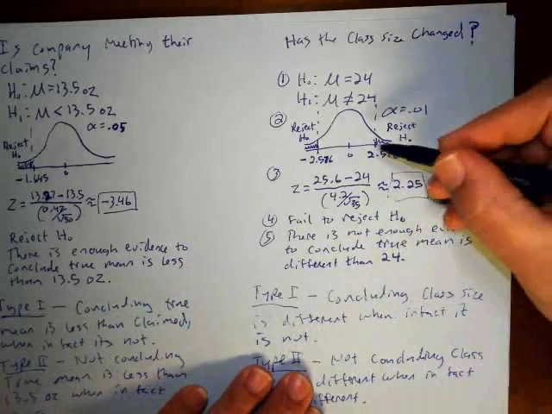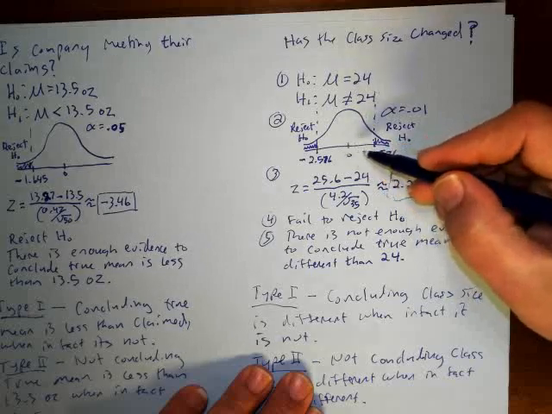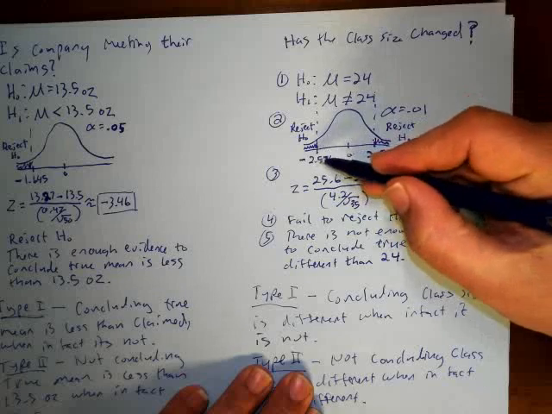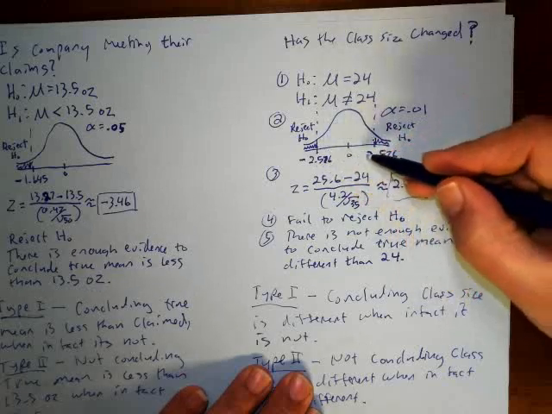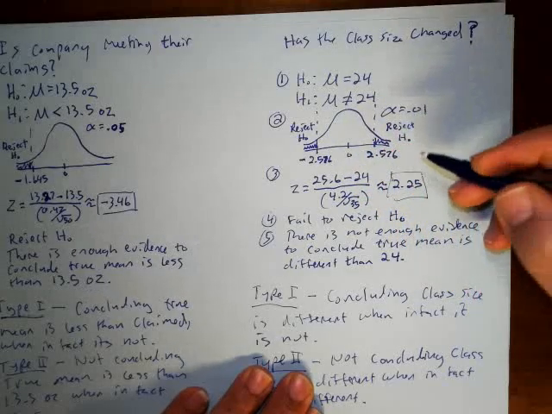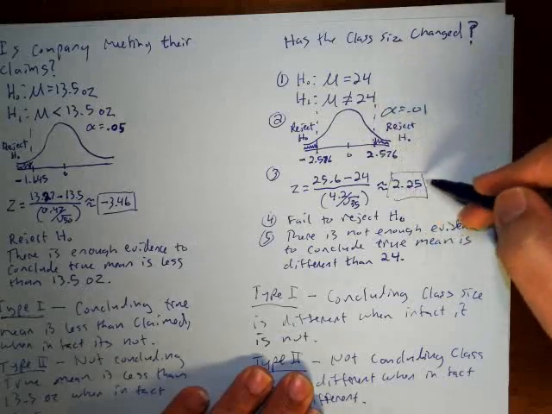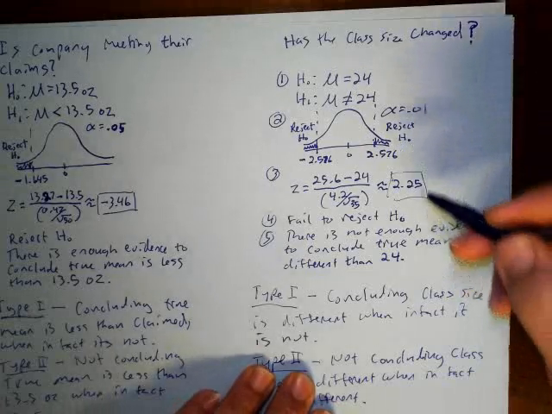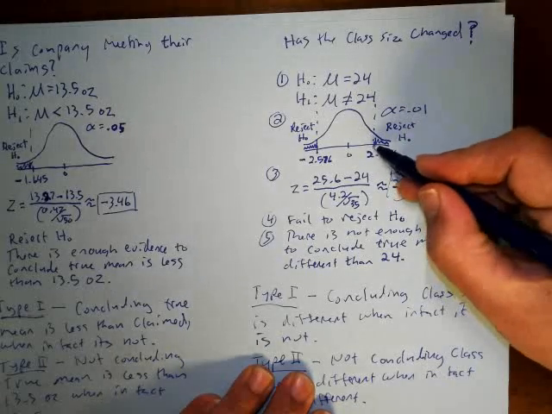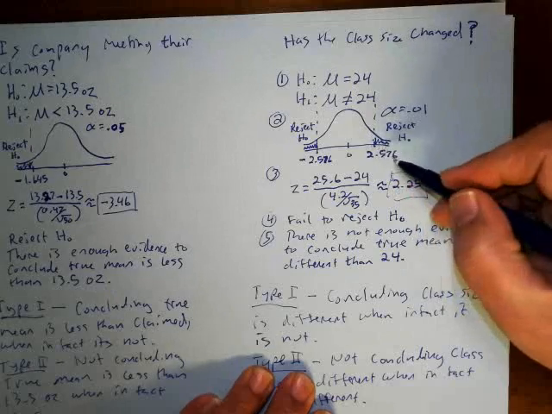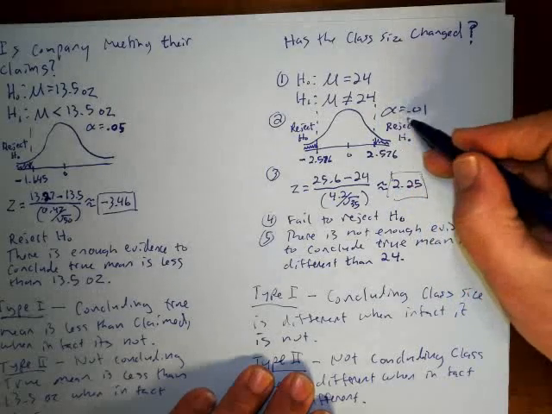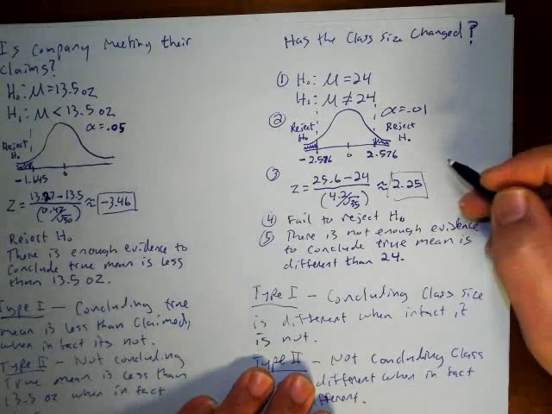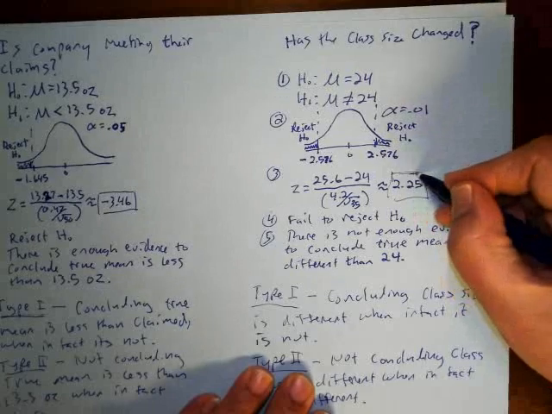So in fact, with that z-score, let's think about it. At the 0.05 significance level, my critical values here would have been negative 1.960 and positive 1.960. So at the 0.05 significance level, I did have enough evidence to reject. It's just that the 0.01 significance level required more evidence, and so I didn't have enough evidence to reject it at that level.